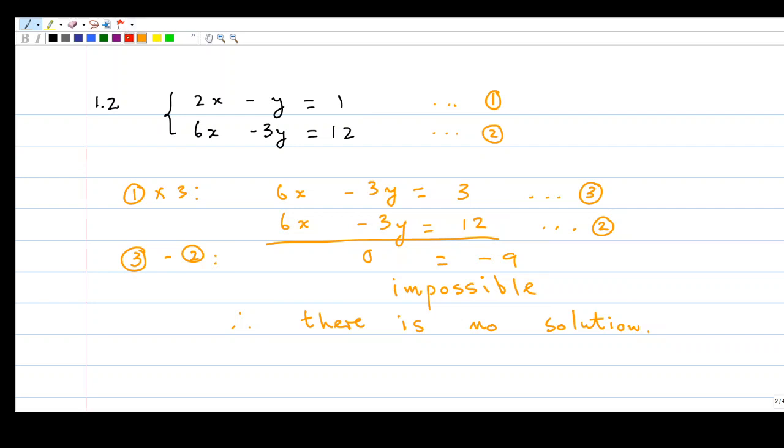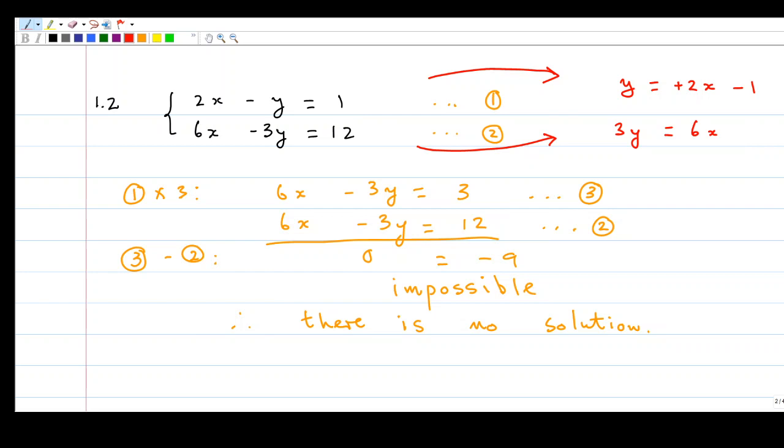If we go back to the equations that we are given, from the first equation, sorry, y is equal to 2x minus 1.